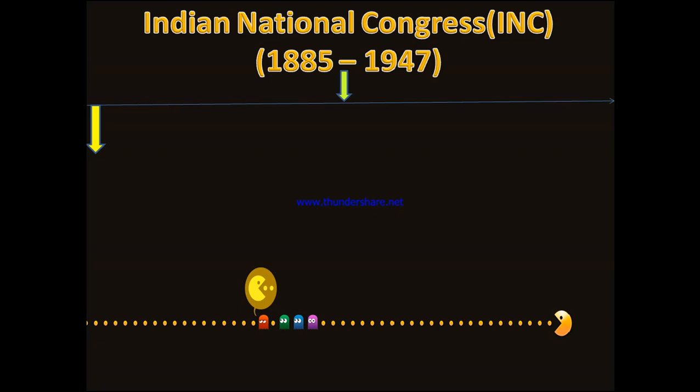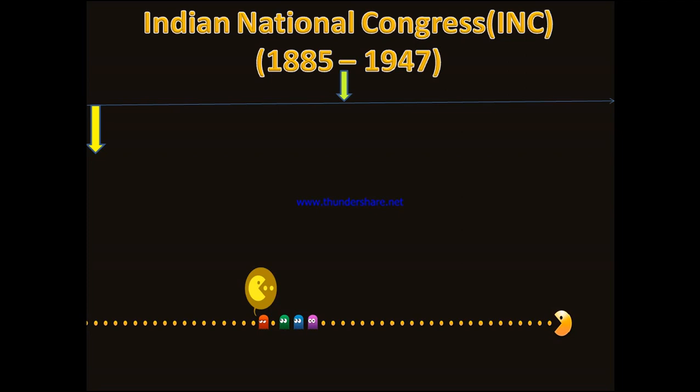This Indian National Congress was established in 1885 by the retired East India Company officer A.O. Hume, and many Indian leaders attended the first meeting, and they elected W.C. Banerjee as the first president of the Indian National Congress.